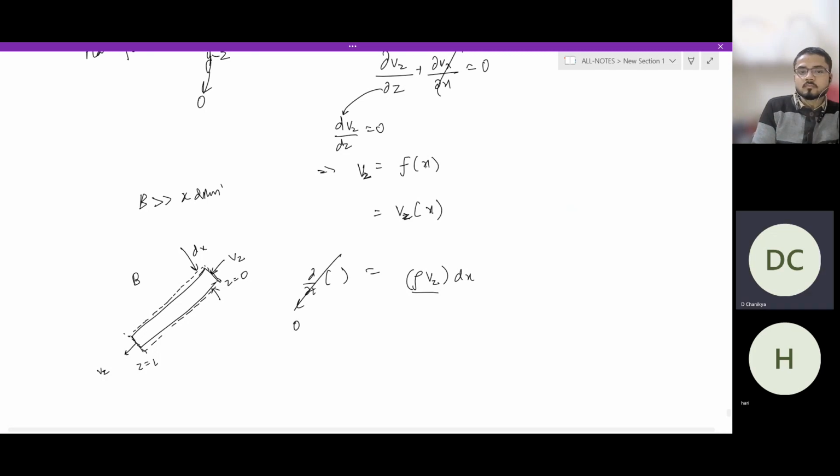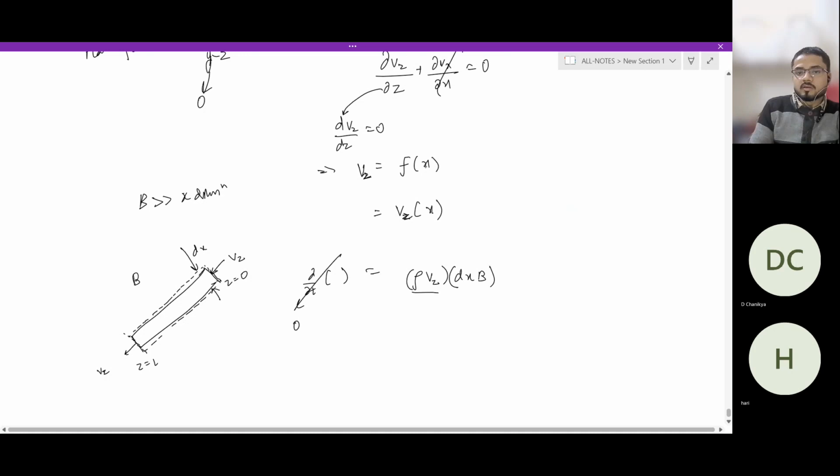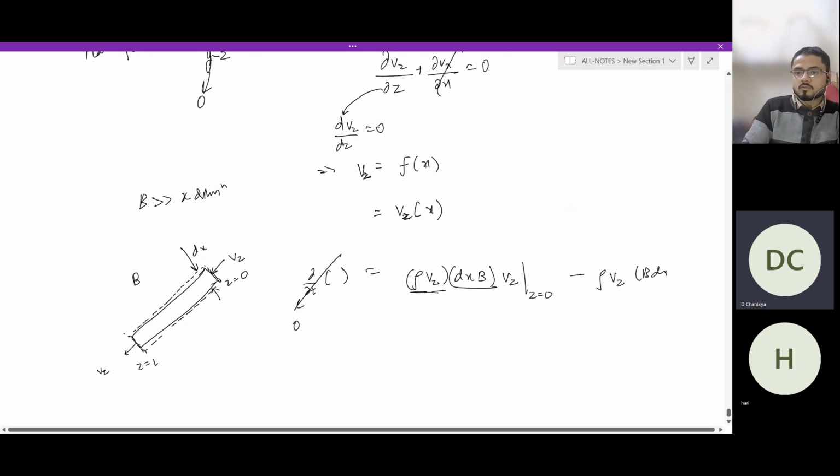So what is the area? dx times b. Area times velocity is the volumetric flow rate, and multiplying by rho gives the mass flow rate. The mass flow rate times the velocity again gives you the momentum at z equals 0. That's the inflow, and the outflow can be written as b dx Vz at z equals L.